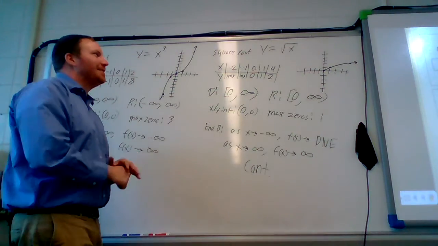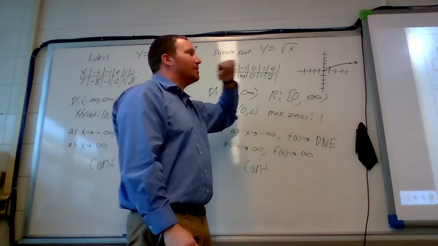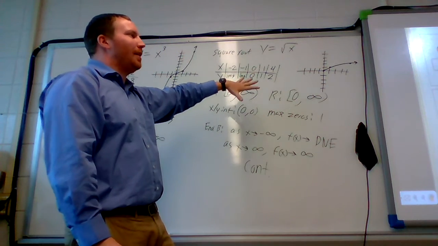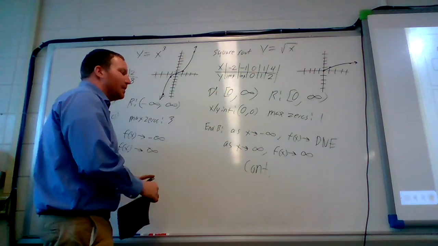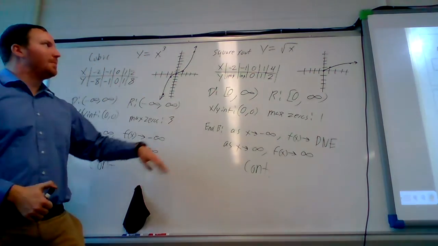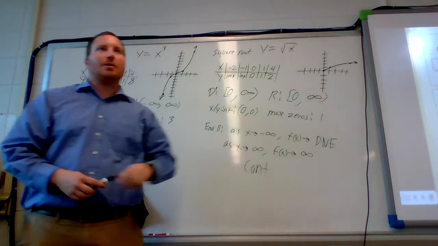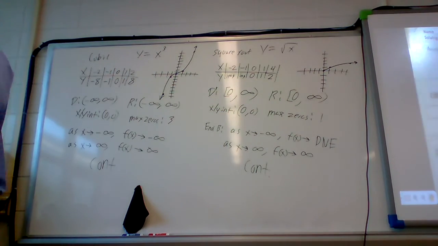We are continuous once our domain starts. And we could manipulate it enough if we wanted to where it would be discontinuous, but we're not going to talk about that at this time. For our most basic square root functions, they are continuous. Yes? They're just stretching.